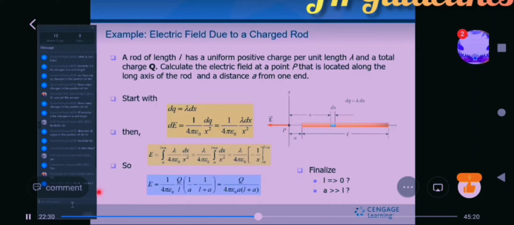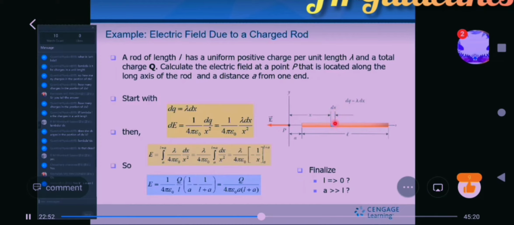Well, cool. So you realize it's in the picture, but the picture didn't say this dq is the amount of charge. The dq is the amount of charge in this portion of dx. Okay?